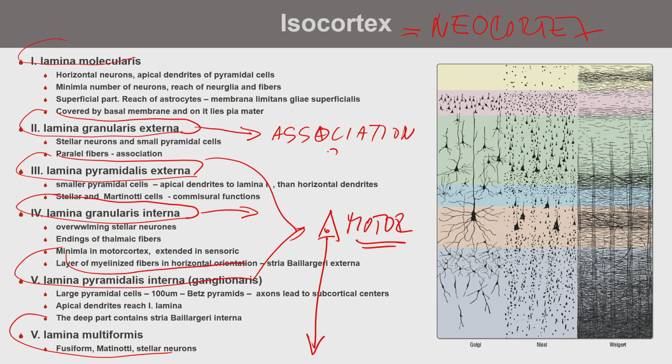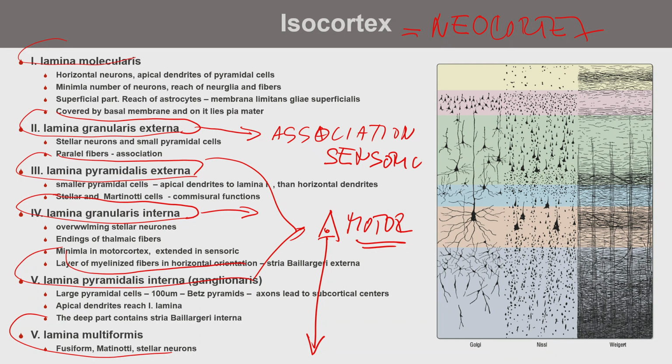So association is sensoric. So then, those layers are different from functions, from computations, association of functions, and projection into the layers or outside to the layers.